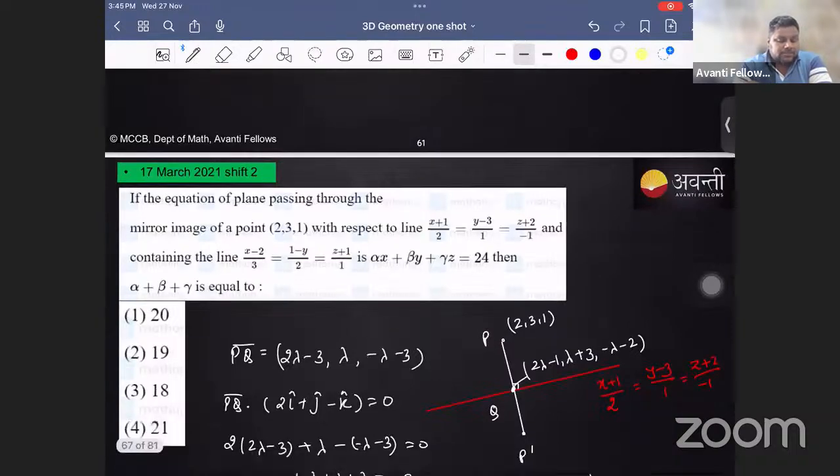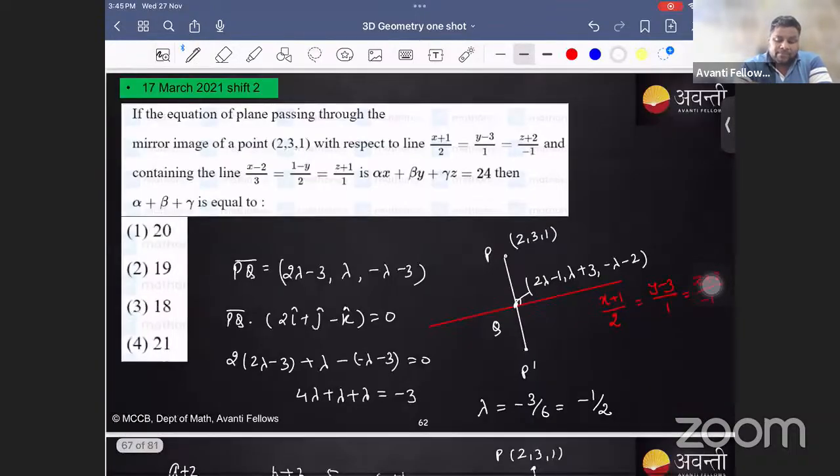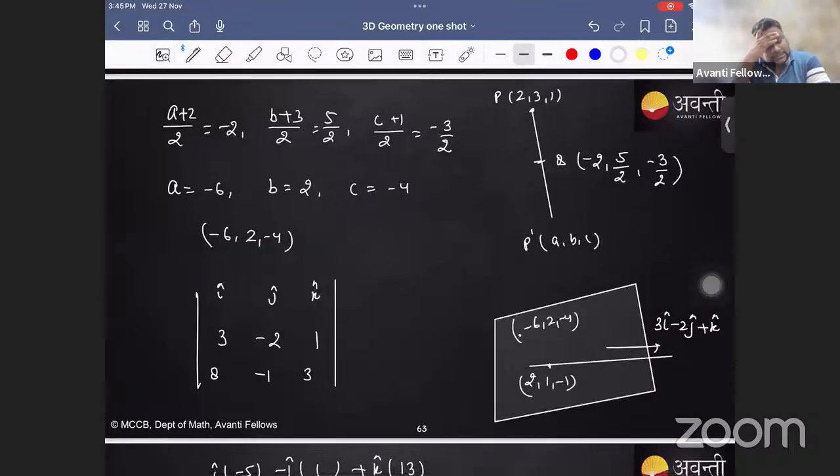One minus 1, 3 minus 2, 1. 2 plus 6, 8 minus 1, 3.